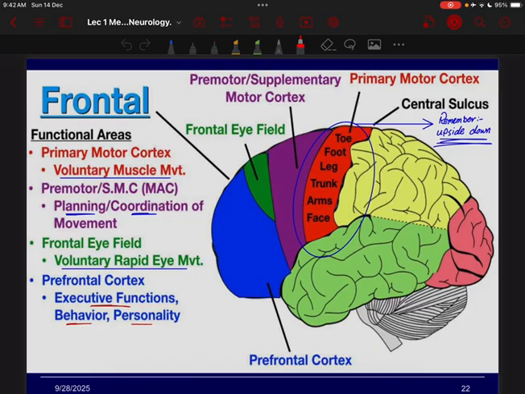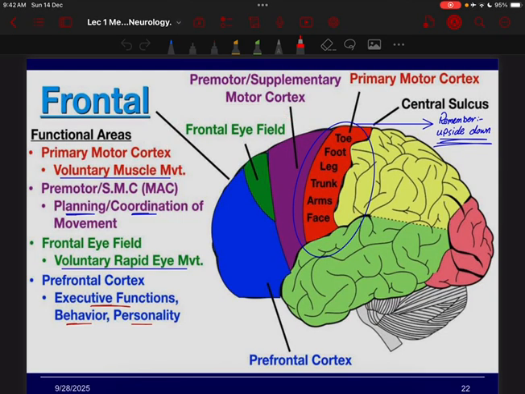Okay, so the motor area is voluntary muscle function, the premotor is planning and coordination of movement, and the frontal eye field center is for voluntary rapid eye movement.